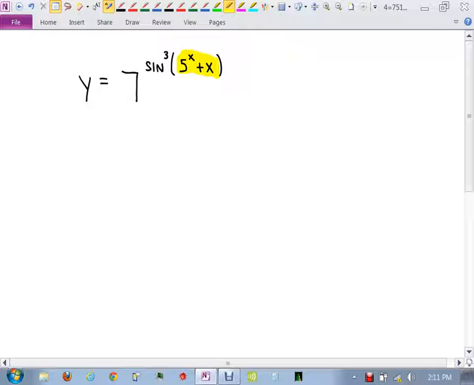Then you take sine of that number, then cube that number, then take 7 and raise it to that answer. That's the order of operations. So going backwards, the last thing happening was the 7 to a power, 7 to junk. So we need to ask ourselves, what's the derivative of 7 to junk?